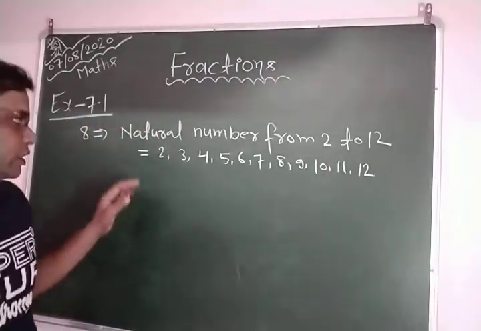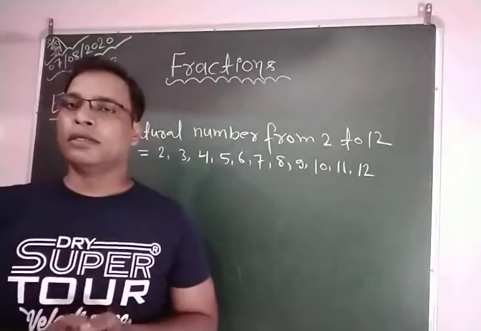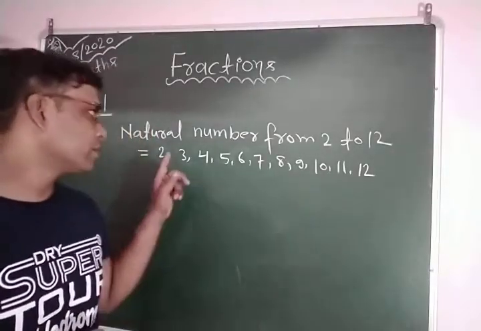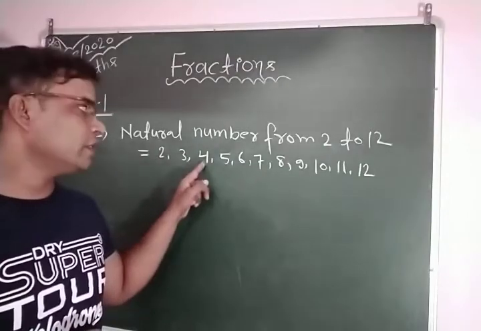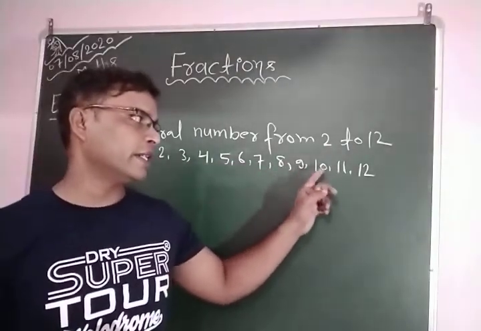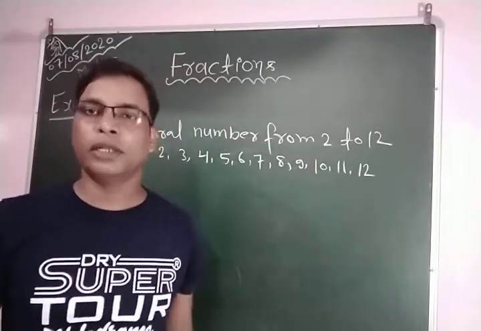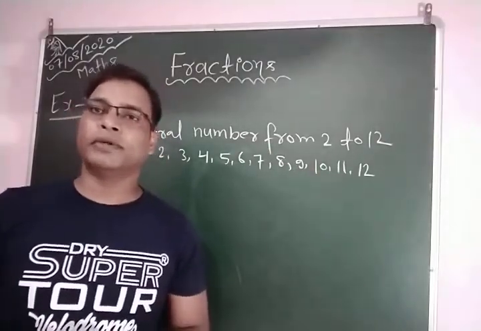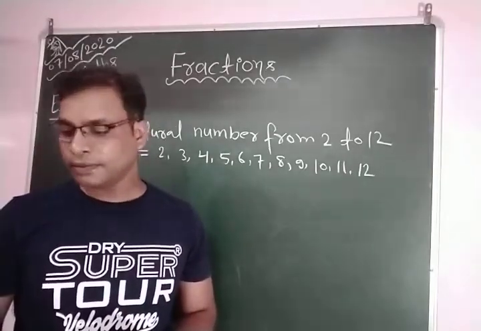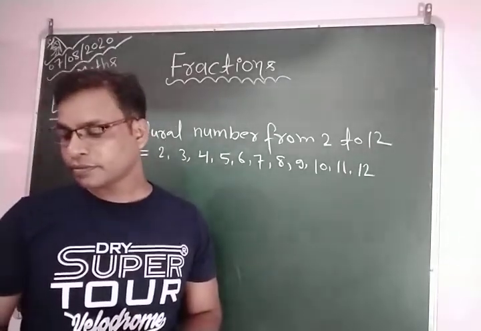So these are the natural numbers from 2 to 12. How many numbers are here? 1, 2, 3, 4, 5, 6, 7, 8, 9, 10, 11 numbers. The total number is 11. After this we find the fraction of prime numbers.